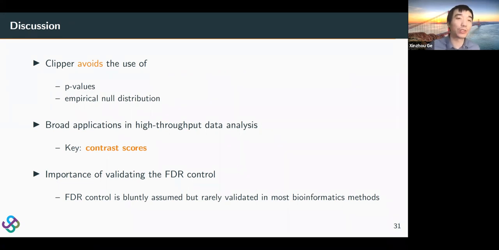And we also want to voice the importance of validating the FDR control, because FDR control is assumed but rarely validated in most bioinformatics methods. And I think that's all for my talk.